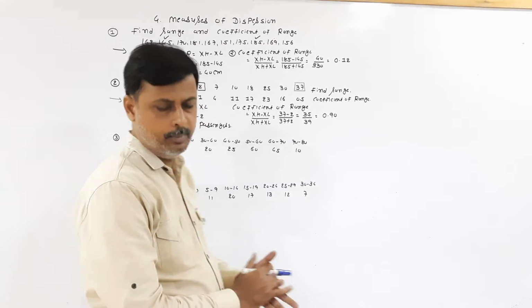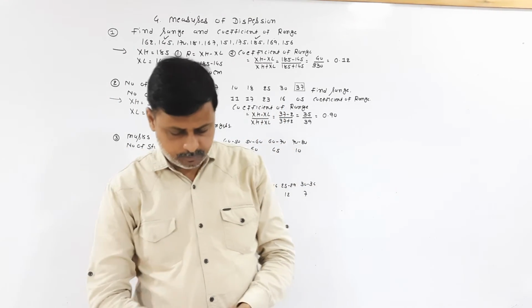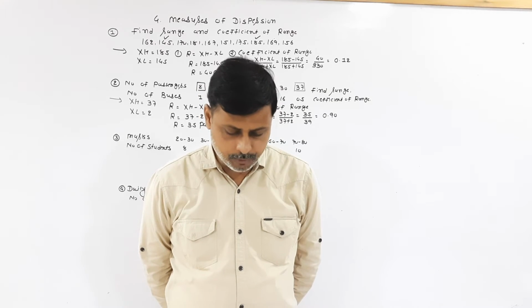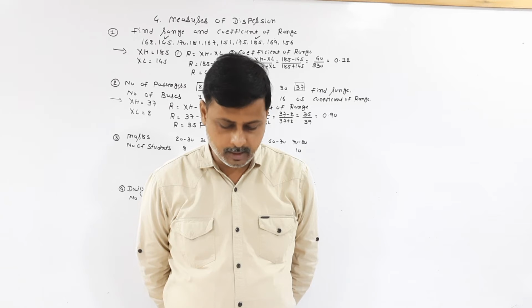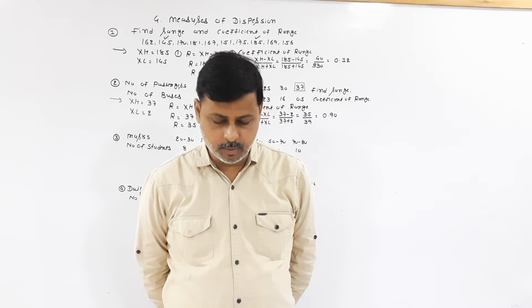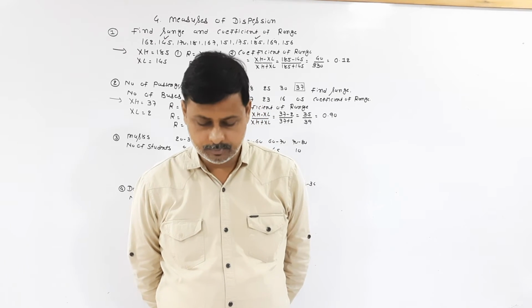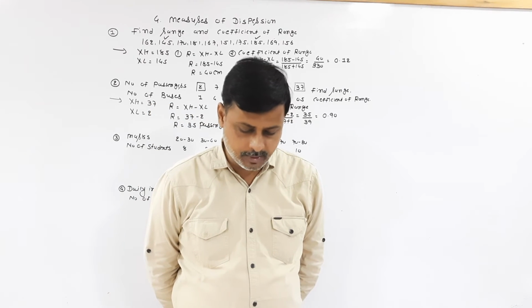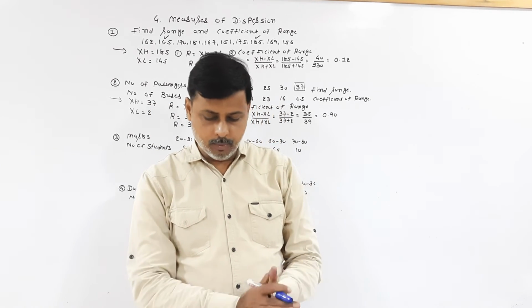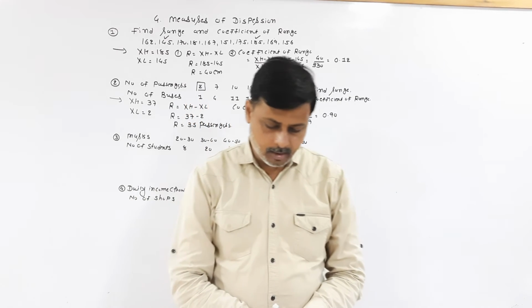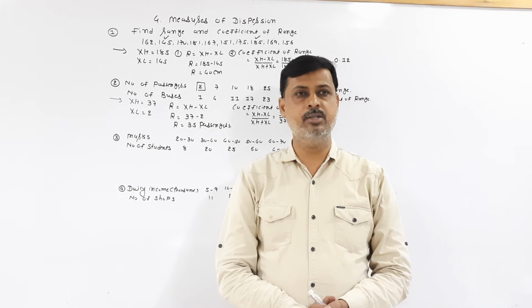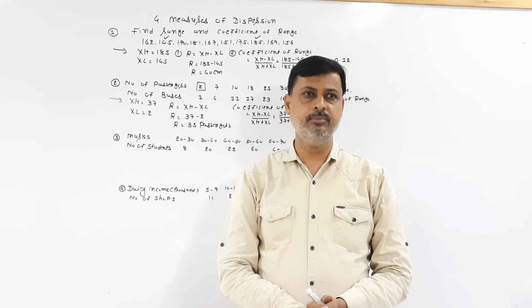Now look the example number 3rd. Using the following frequency distribution of marks of students of a school, find the range and coefficient of range of the marks. Now in this example, marks of student and number of students information is given.